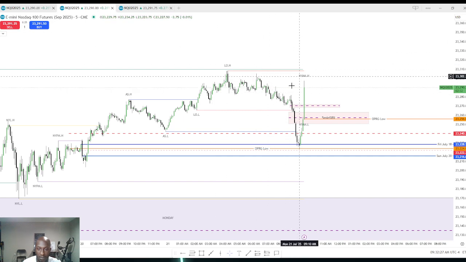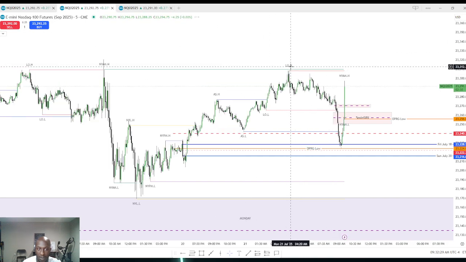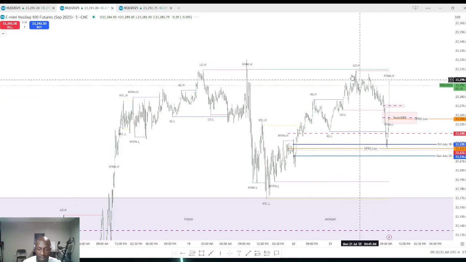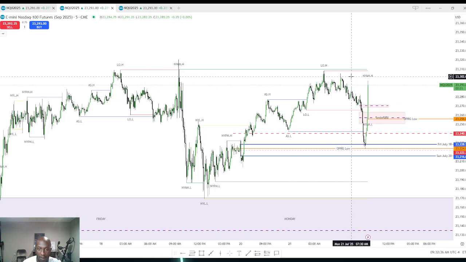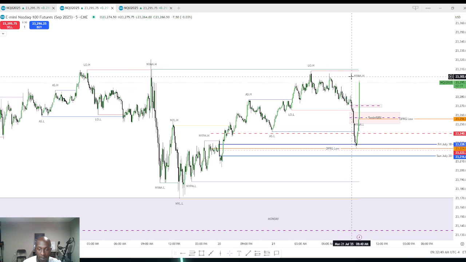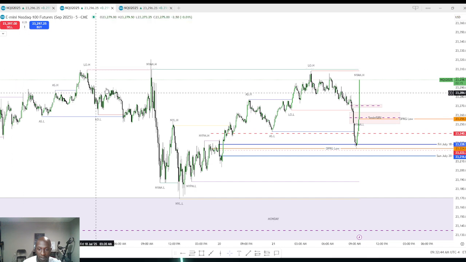And then we'll see what we get when we cross this high, because that's relative equal highs right there.